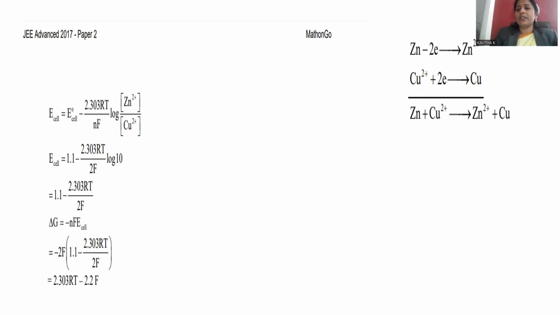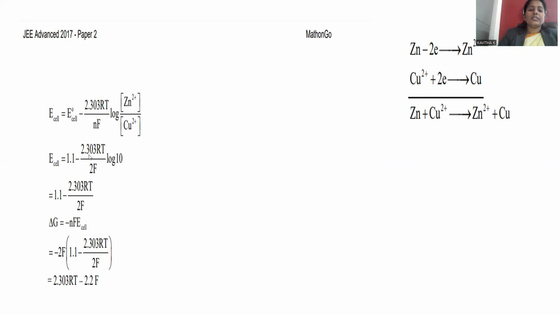For example, let me take a gold coin. A gold coin added to water, will it dissolve in water? No, metal is not water soluble. When it is in ionic form, then only it will impart concentration. That's why metal concentration is always taken as 1 unit. So the product side you can indicate Zn plus 2, the reactant side you can indicate copper plus 2. So Zn plus 2 by copper plus 2 is indicated over here, and the standard electrode potential is taken as 1.1, which is given within the data.